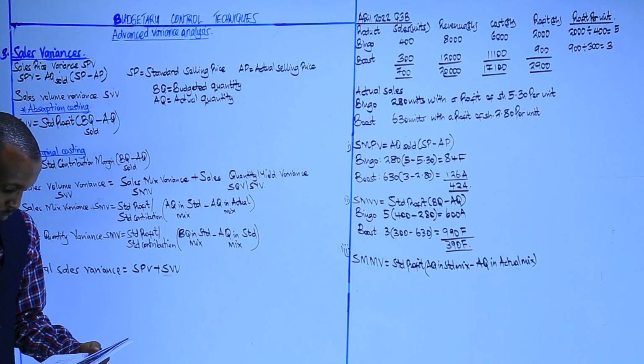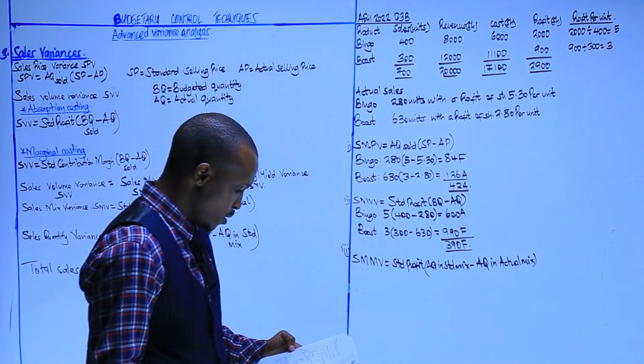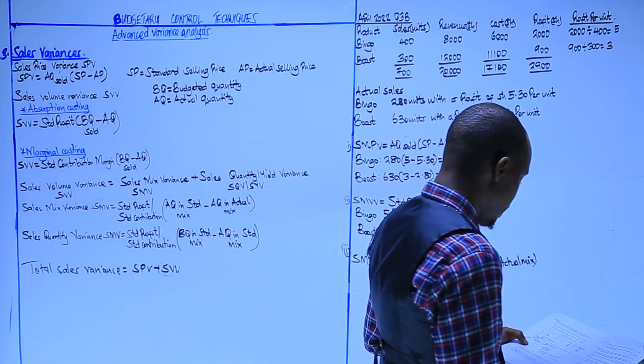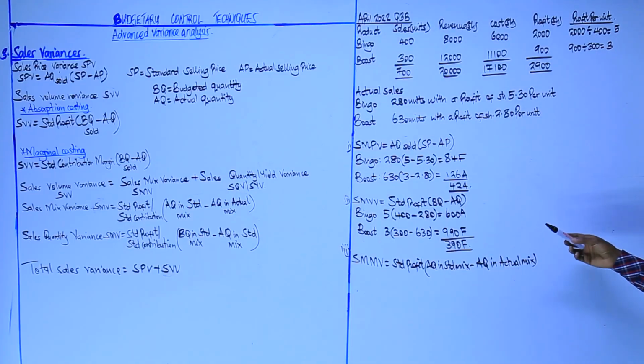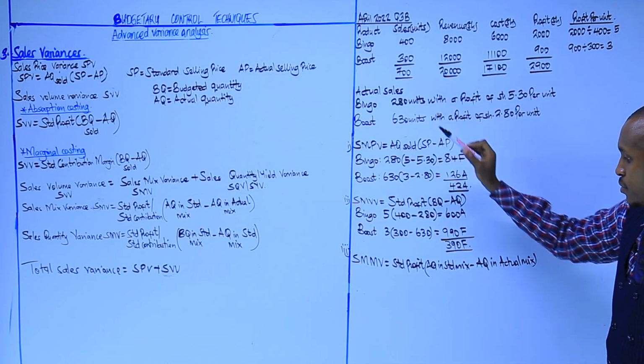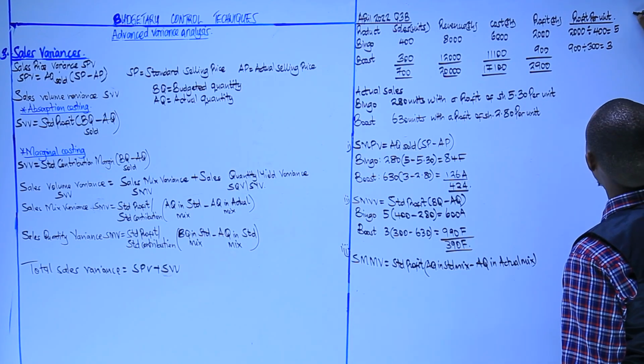We need to identify our actual quantity sold, which is here, but you need to identify your actual quantity in standard mix. So let me write this here.